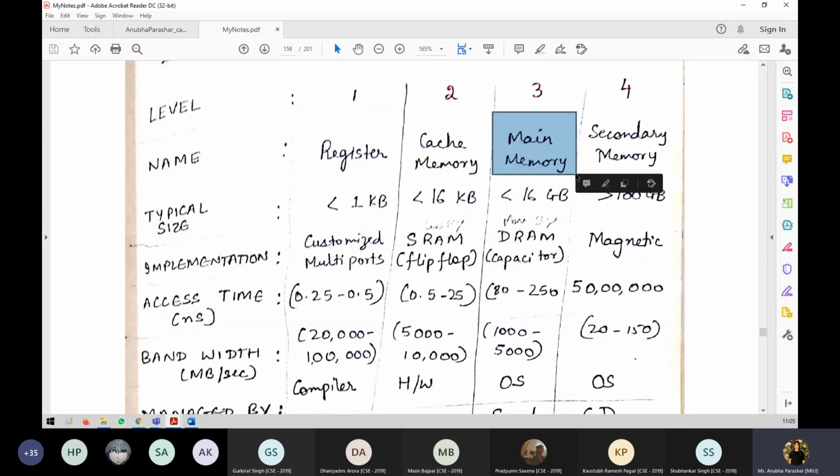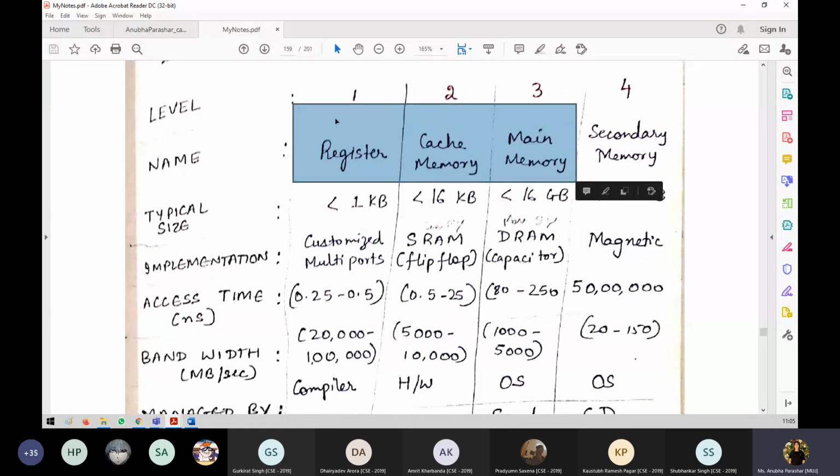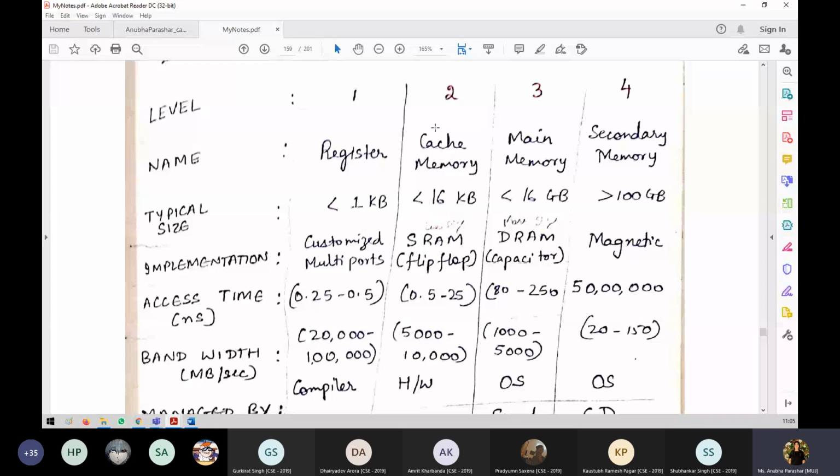Why are we only studying register and main memory? Because we are referring to 8085, that's a microprocessor. These days, it is more concentrated on how the main memory, cache and register work. Then how do you cover cache memory? You will cover it from the computer organization perspective.